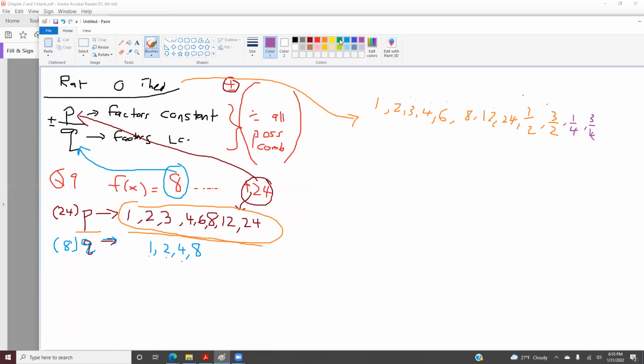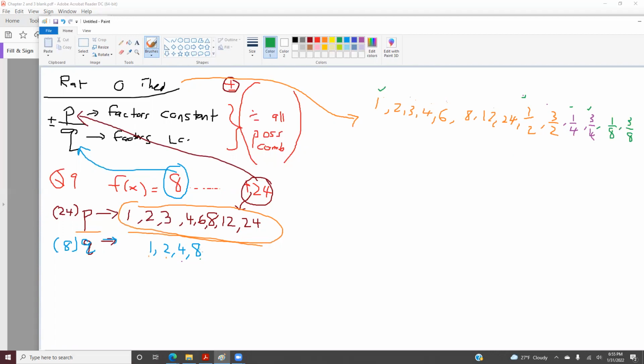And then the last one we're going to do is over 8. So we got 1/8. 2/8 is 1/4, we already got that. 3/8, we don't have 3/8. 4/8 is 1/2, we have 1/2. 6 over 8 is what? 6 over 8 divided by 2 is 3 over 4, right? 6 over 8 is 3 over 4, we have that. 8 over 8 is 1, we have that.